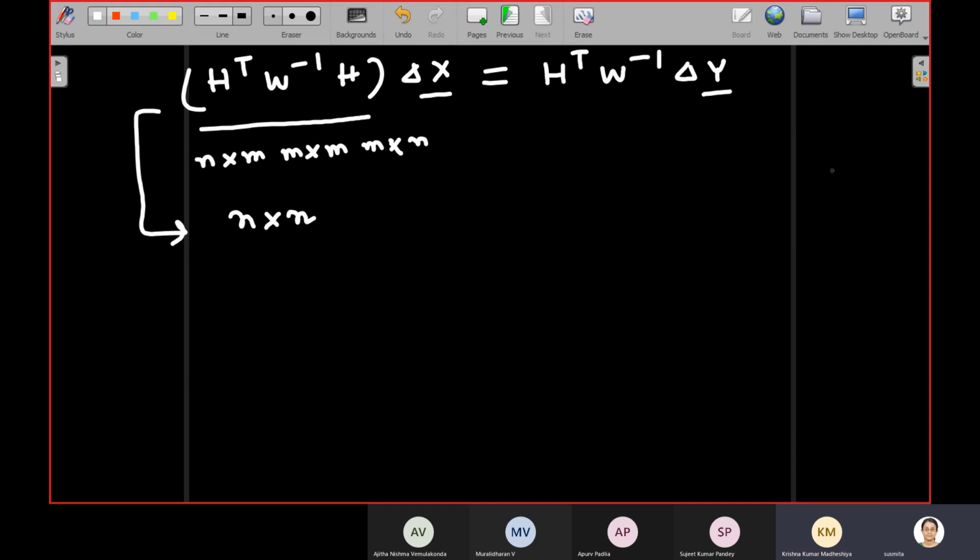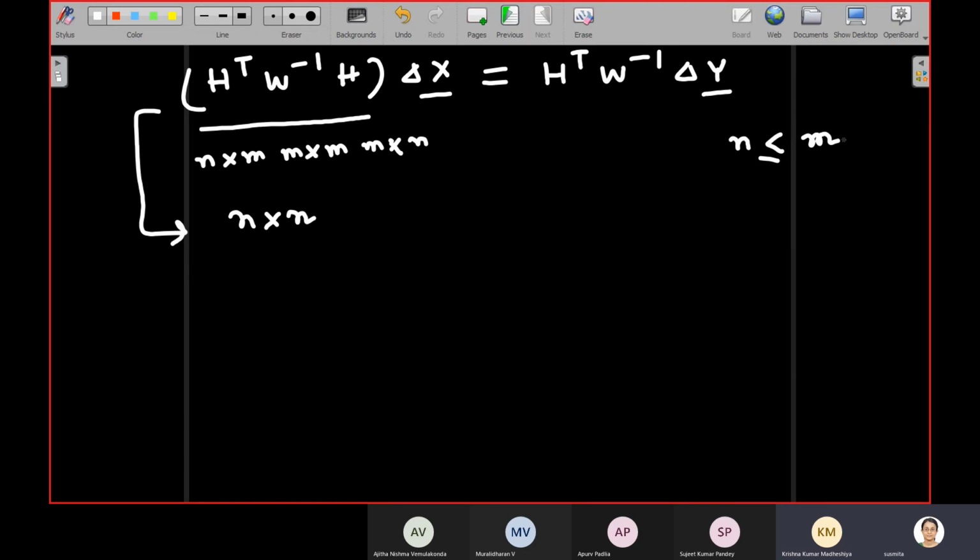And generally, the number of measurements is more than the number of unknown quantities, okay? The dimension. So x you can call the state vector. So the dimension of the state vector is generally smaller.